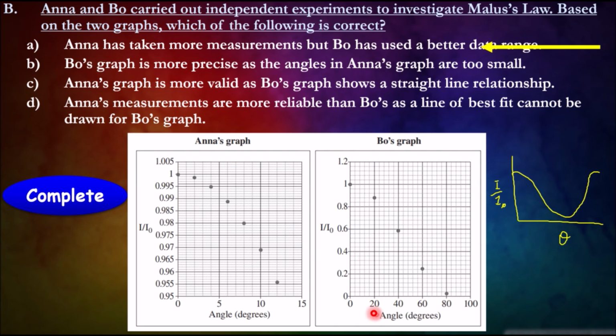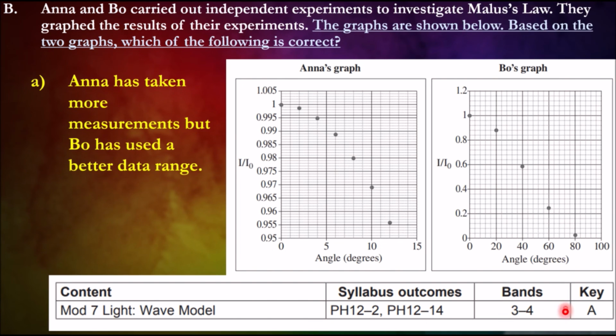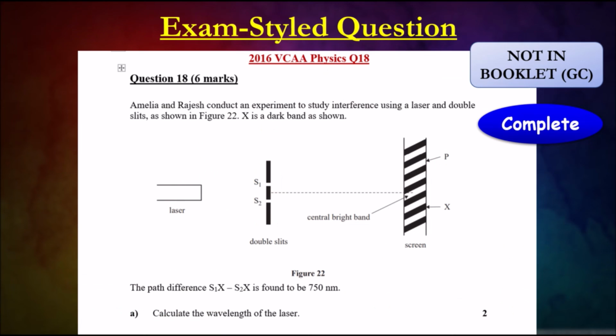However, Bo's has a greater data range, from 0 to 80, while Anna's is from 0 to about 12. So the range is a lot smaller. And so that means that Bo's range is better because there is obviously a bigger data set to work with. In terms of bands, that's about 3 to 4. So that's what we have there.